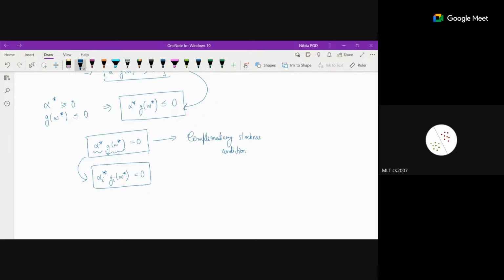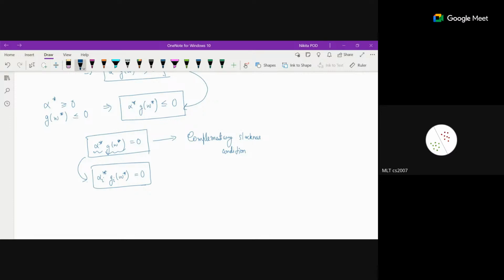To find which data points are contributing towards my w, we need to know which alpha i's are positive, because only when your alpha i's are positive can you say that this particular point is contributing towards finding the optimal w, right? Because if your alpha i's were 0, those data points would not have been contributing.